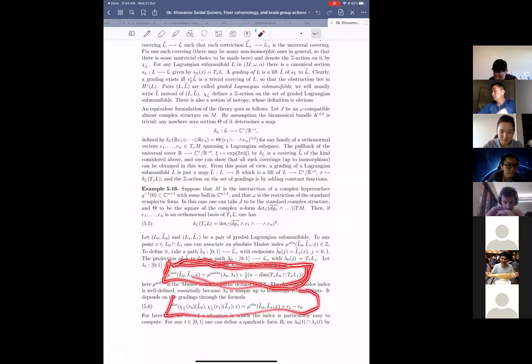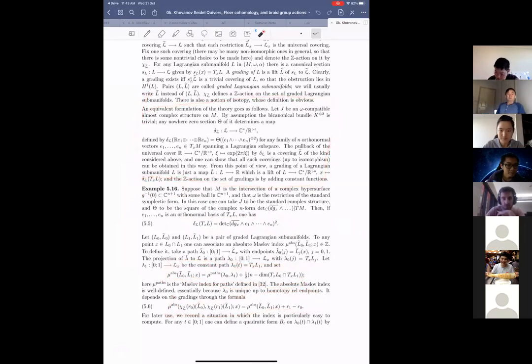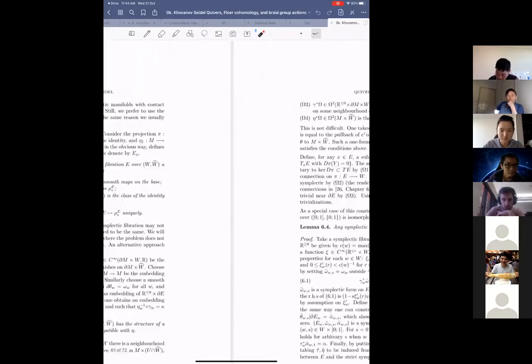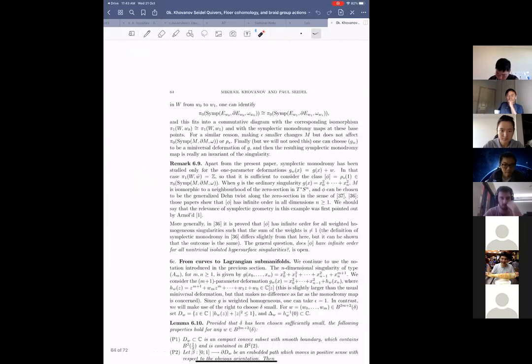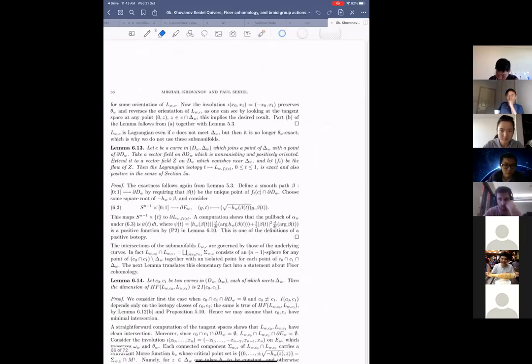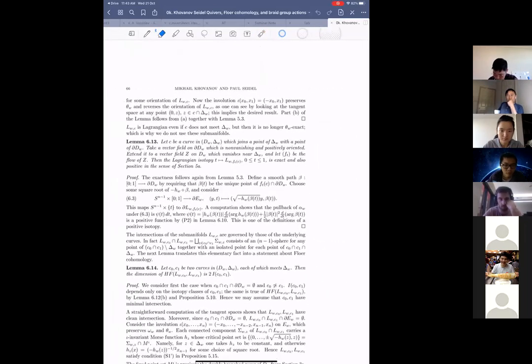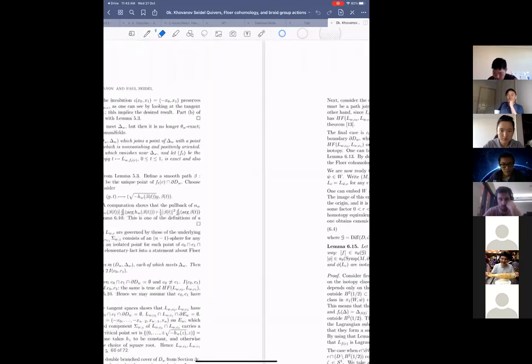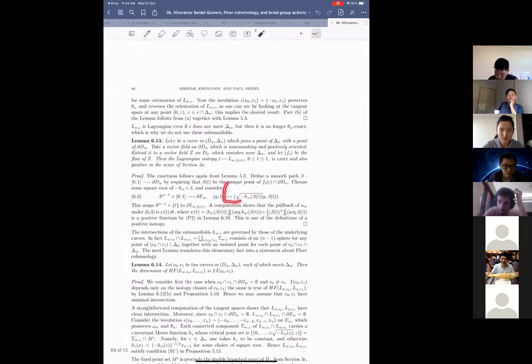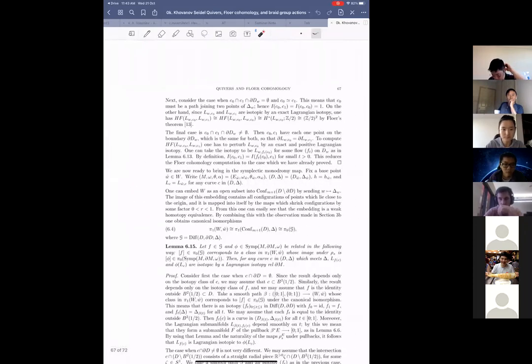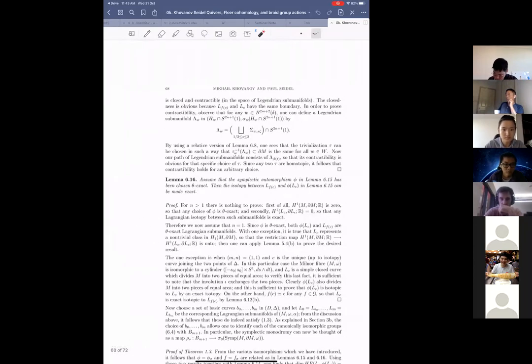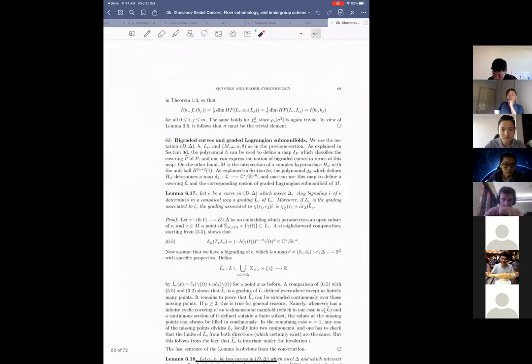Why is this important? Because if I go to lemma 1.4, there's a lot of this kind of construction here. You can also explain it, I think, using those kinds of arguments.